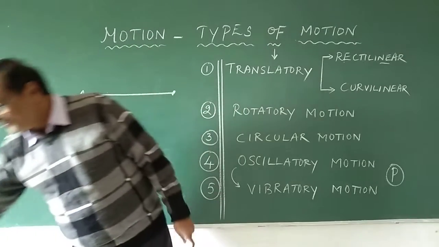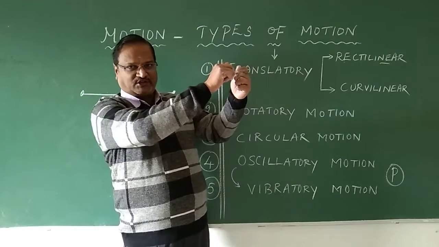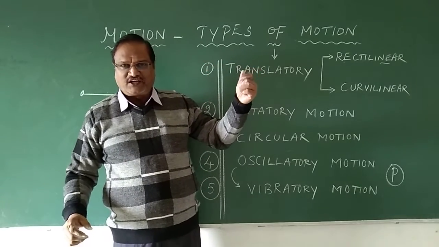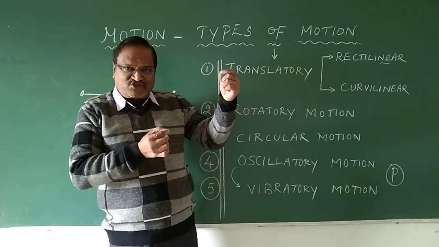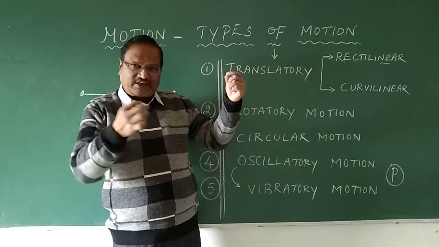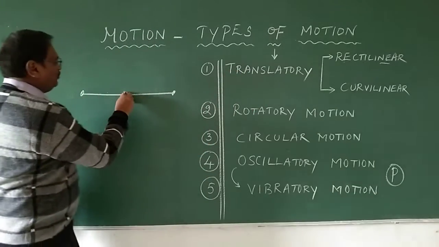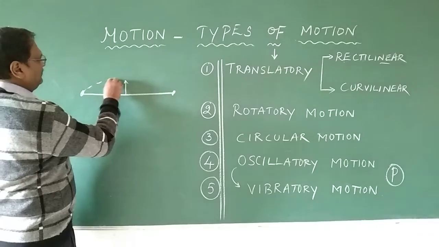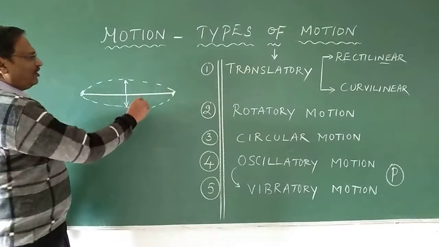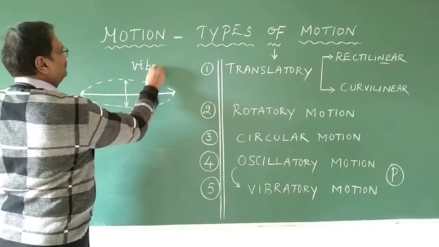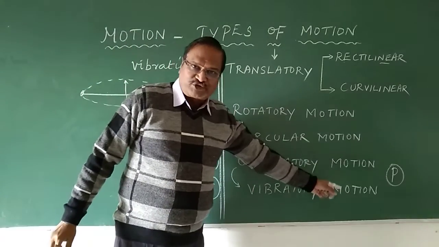In a guitar, one end of the string is fixed here, and the other end is also fixed here. Strings of different thickness are there, and if you pluck it, ting, ting, it goes up like this and comes down like this, and this is called vibration. And this is known as vibratory motion.